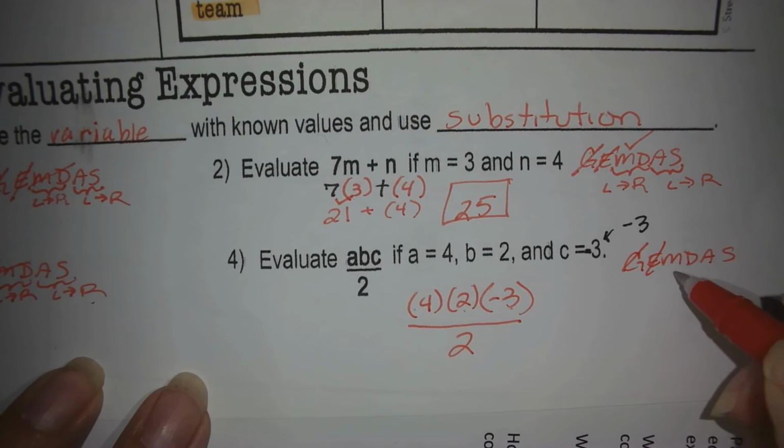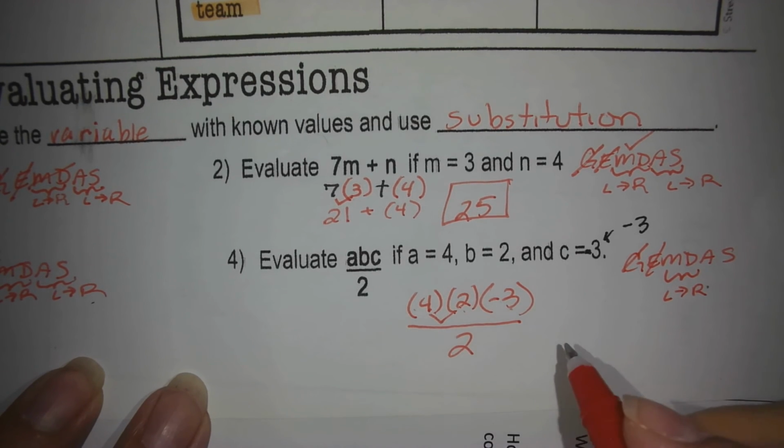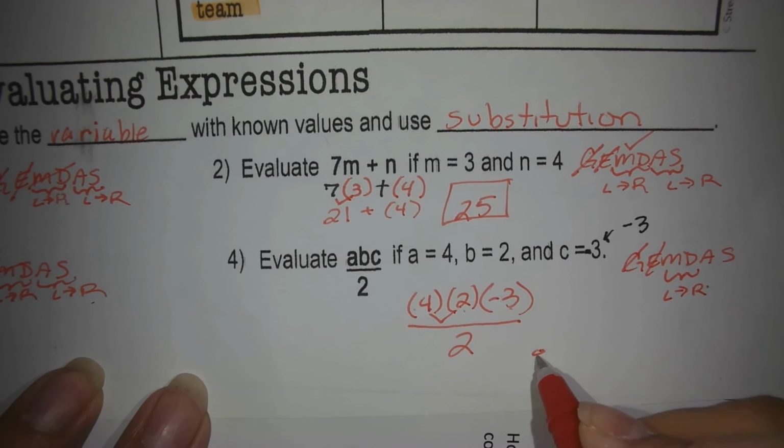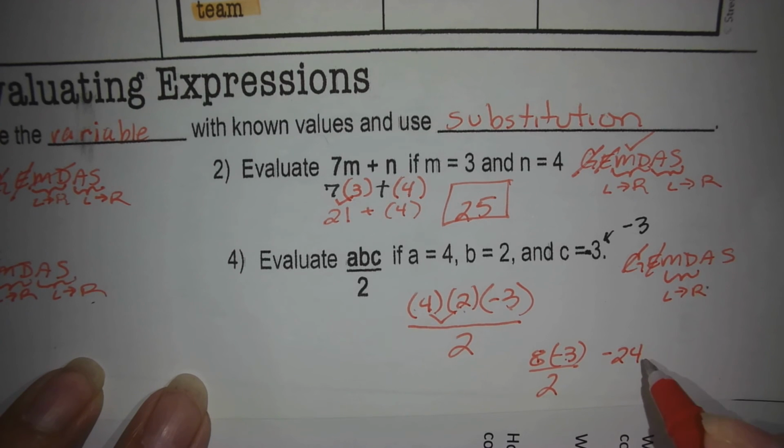Exponents, no. Multiplication and division from left to right. So 4 times 2 is the first one we run into. That's 8. And then times negative 3, divided by 2. You're going to multiply 8 times negative 3, which is negative 24.